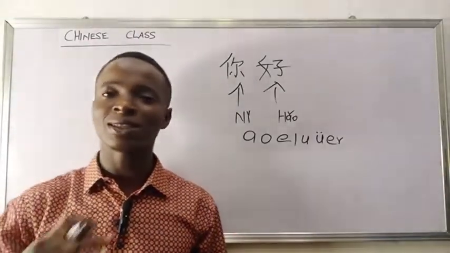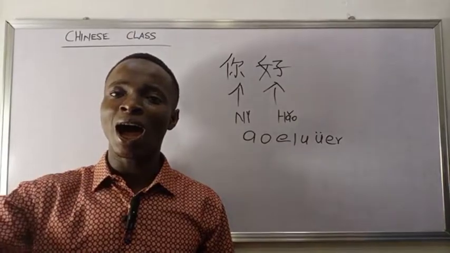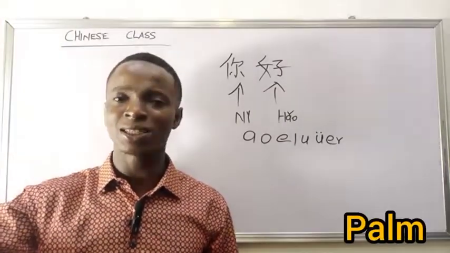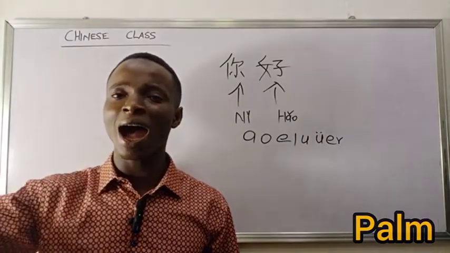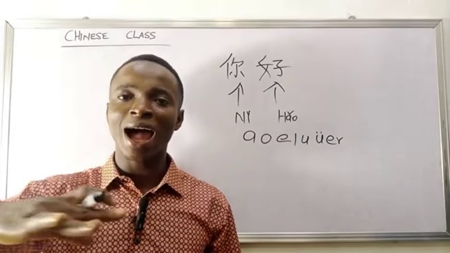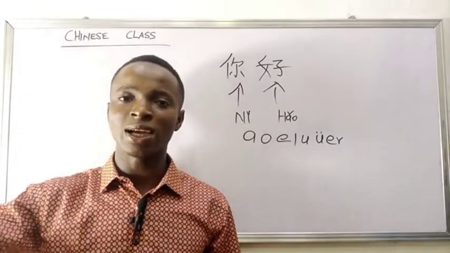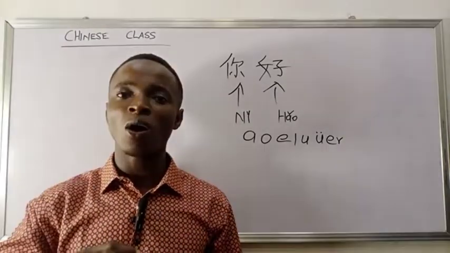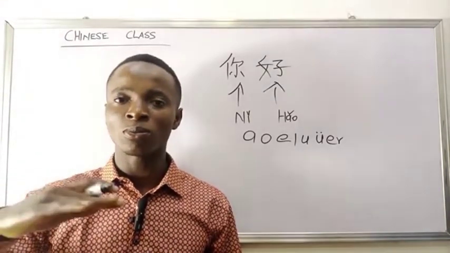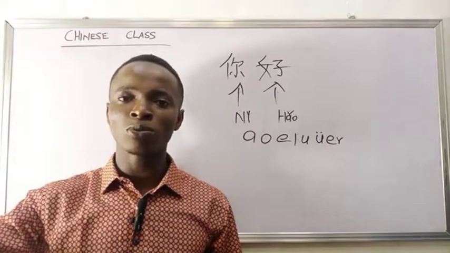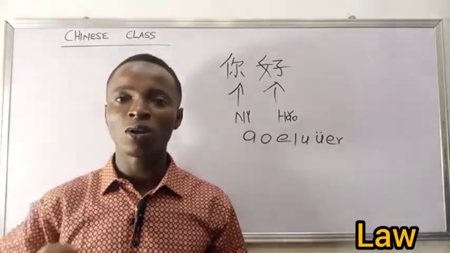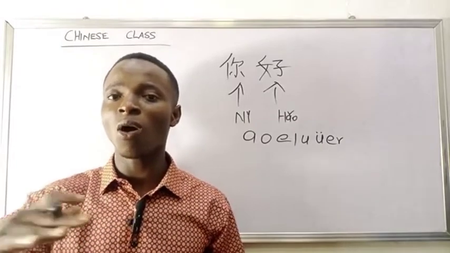Remember, the first one is a, just like when you want to say palm in the English language. Repeat after me. Then the second one we have is o, just like when you want to say law, o, in the English language.